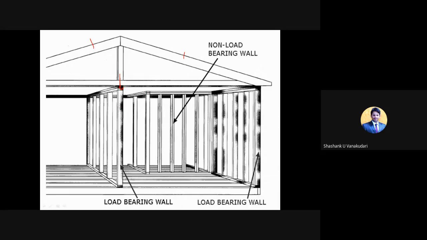And here you can see the non-load bearing walls; you can't see any top structures or load coming from above this particular wall portion. These non-load bearing walls are just provided to separate the wall portions.